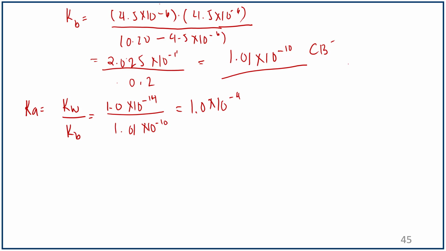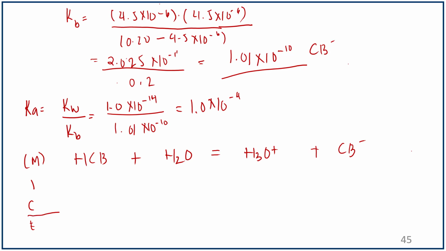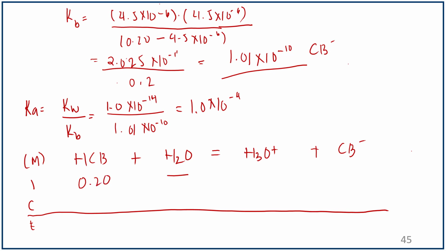And then the next thing that we have to do is set up a nice table for chlorobenzoic acid. So that will be chlorobenzoic acid plus water, okay, going to yield hydronium ions and the chlorobenzoate ion, and then this is an ICE table. Keep in mind that these are two separate solutions. Okay, so this one should be 0.20. Now I did say they were separate solutions because here you should begin with no concentration of chlorobenzoate.